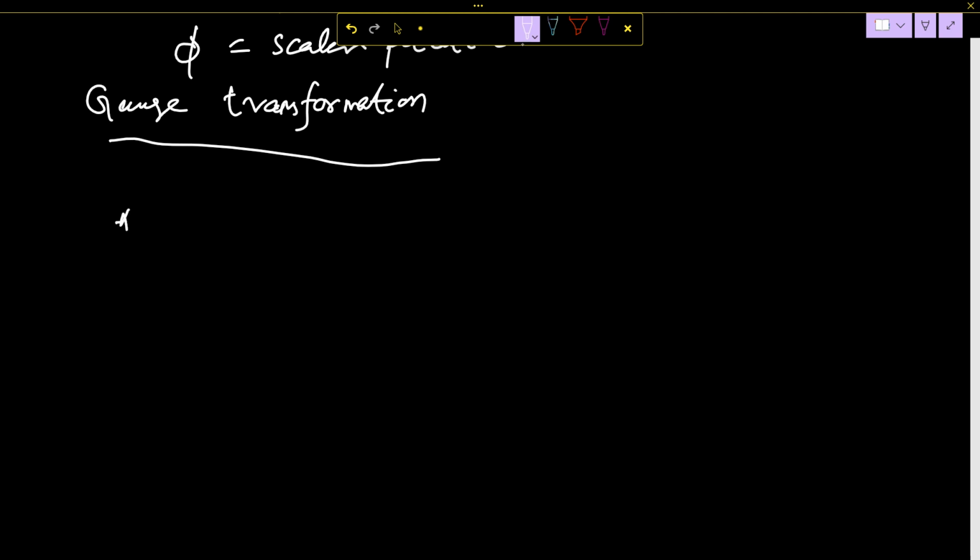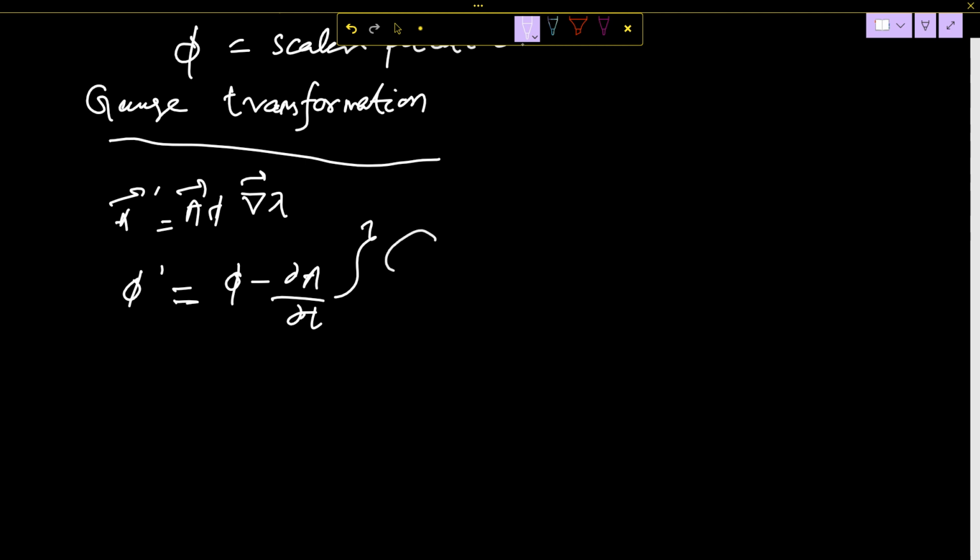Okay, so A dash is equal to A vector plus del lambda, and phi dash is equal to phi minus del lambda by del t, right? So these two are your Gauge transformation.